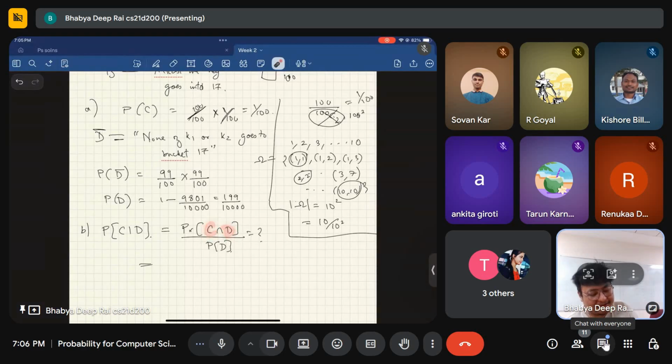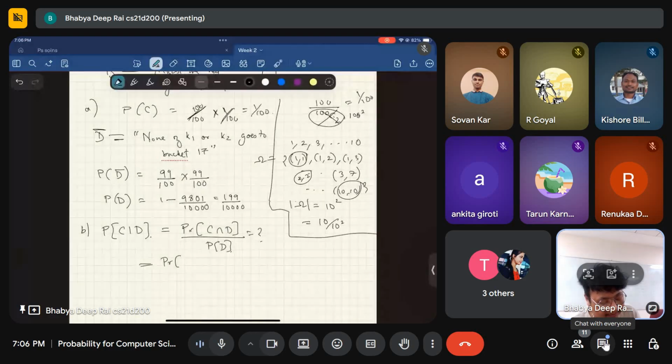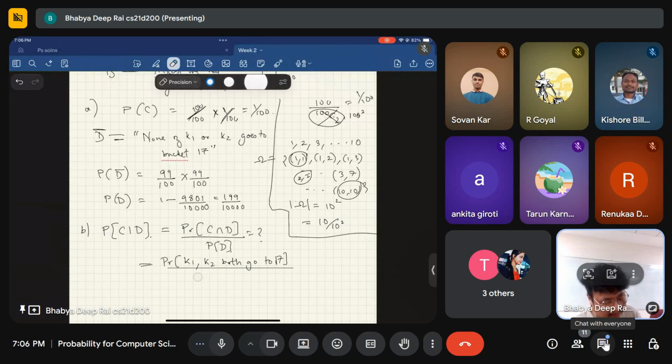So this is the probability that K1, K2 both go to 17, divided by probability of D, which is 199 by 10,000. What is the probability that both go to 17?